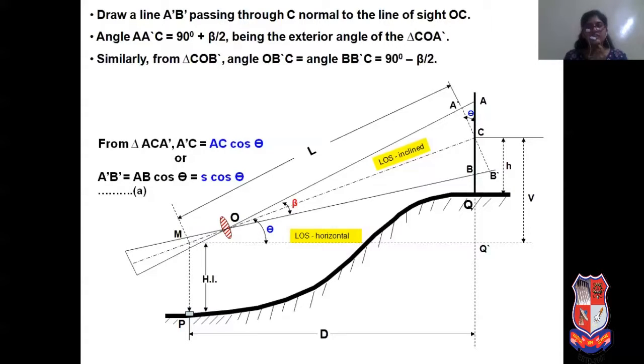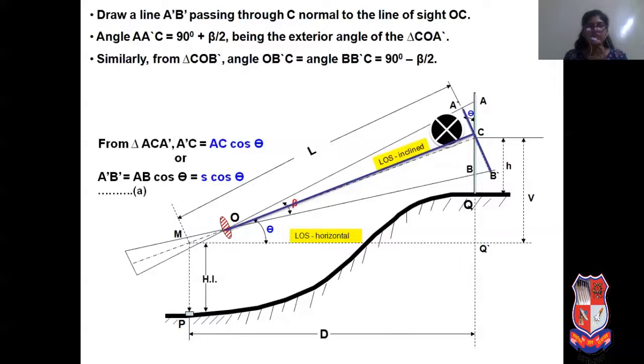As we are seeing here, our staff is held vertically, that's why it is not perpendicular to the line of sight. So we have to draw a line A dash B dash which is passing through point C and which is the perpendicular from the line of sight OC.